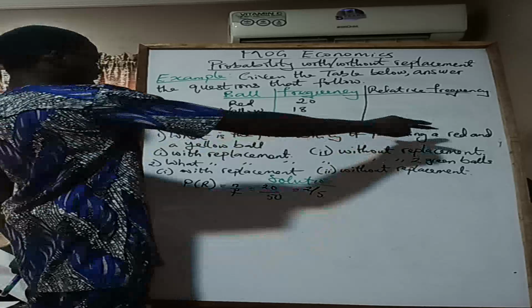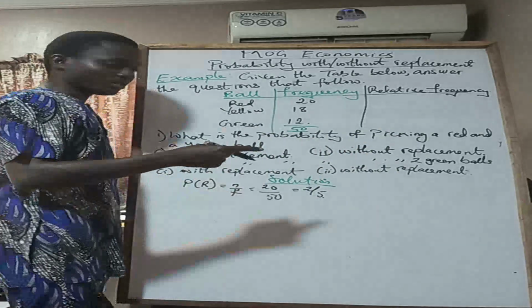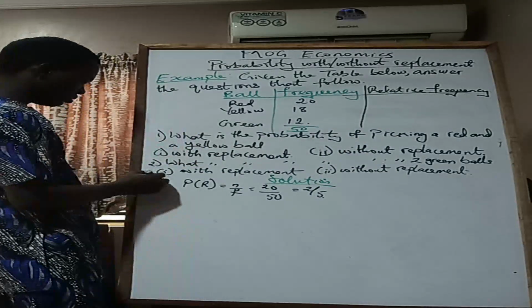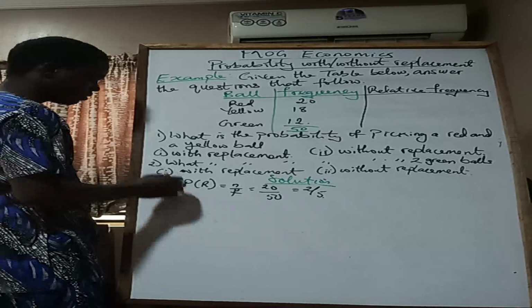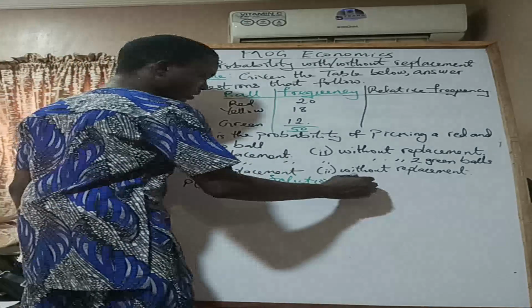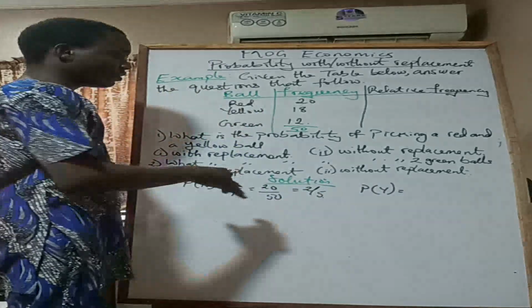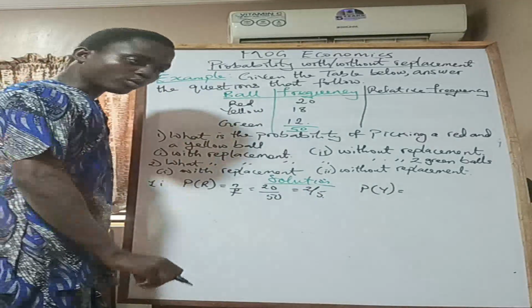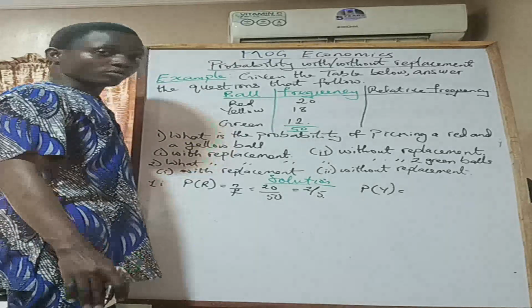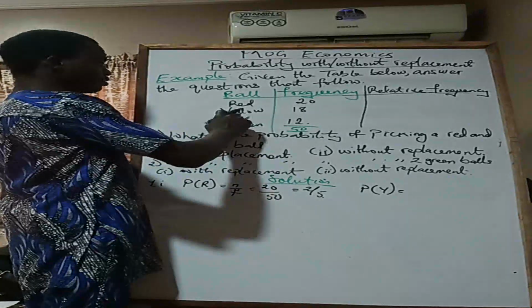Then the question says, and a yellow ball with replacement. So here you've returned the red ball, so you still have 50 balls in total. Then we come to yellow.